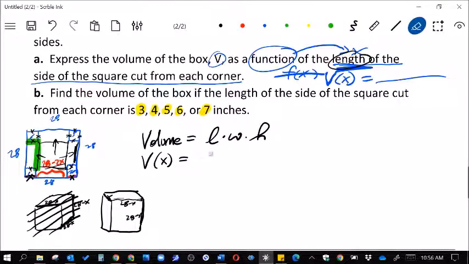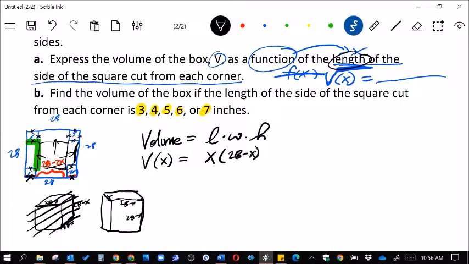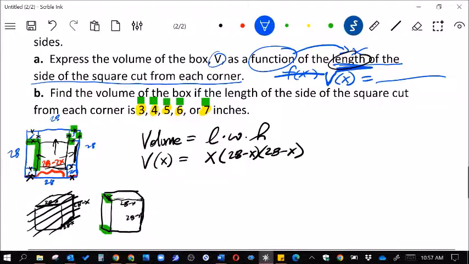I need to erase that part. The length is x, the width is 28 minus x, and the height is 28 minus x. So this x here is only that smaller amount. We don't know yet. We're going to test it for when it's 3 inches or 4 or 5 or 6 or 7. So this could be longer, but it's not going to be all the way up to 28. It might be a time when all three of them are the same, but we don't know that yet. All right, so what we now do is multiply this out and get ourselves a nice little equation.